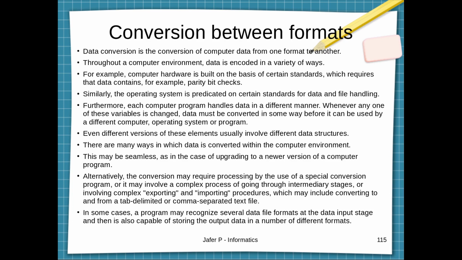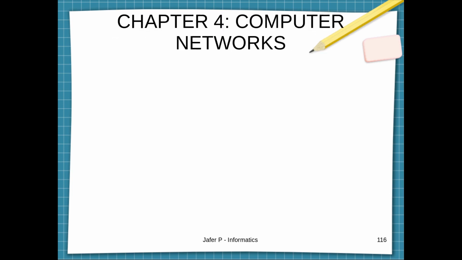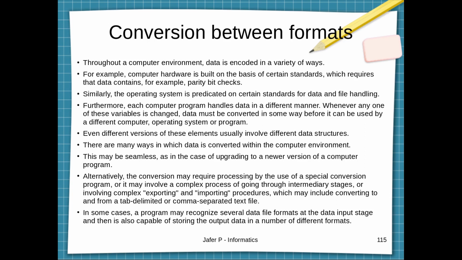For example, if you install a Windows player on your computer system, that player may play different formats like MP4, MP3, MPEG, different file formats that the particular player may open. Then it's also capable of storing the output data in a number of different formats. That's it about conversion between formats.